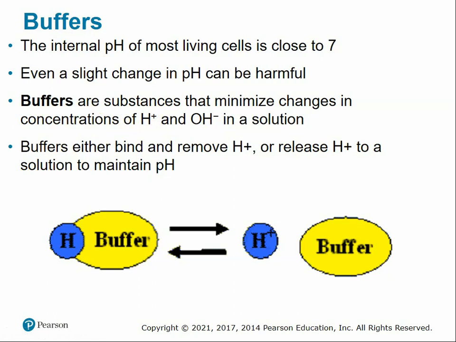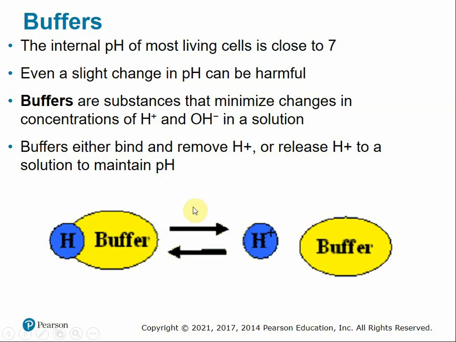Depending on which way our pH is trying to shift, buffers can either bind and remove hydrogens or release hydrogens. Either way is just to maintain our pH. So buffers aren't going to neutralize a solution or make it more acidic or more basic necessarily. They're just going to maintain what it originally was.